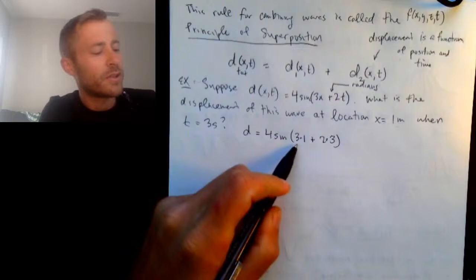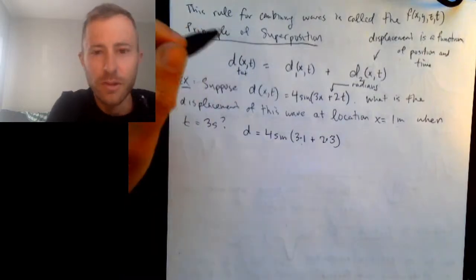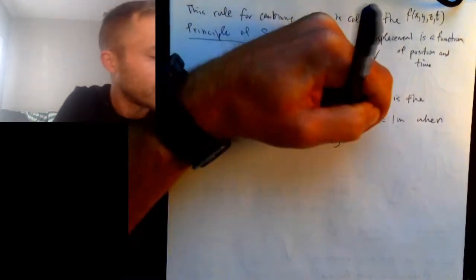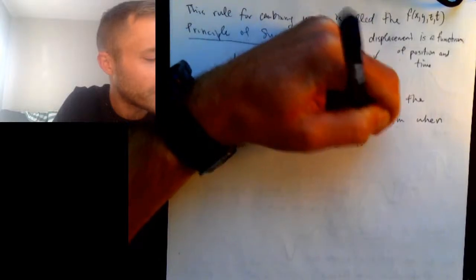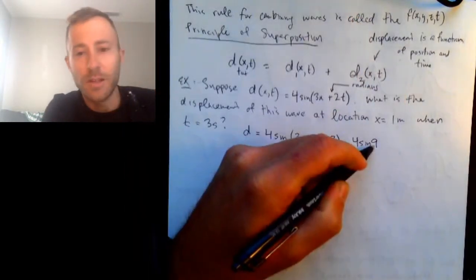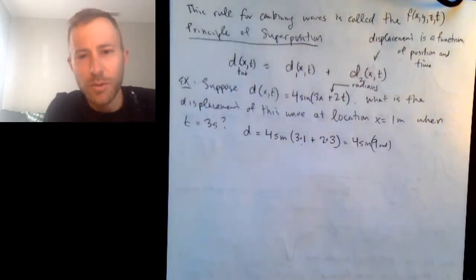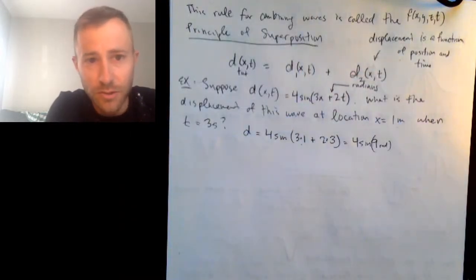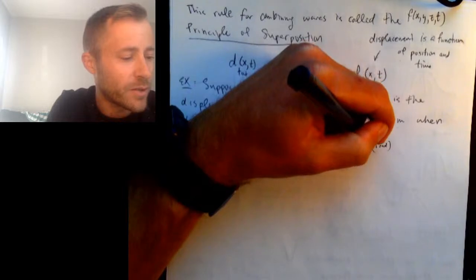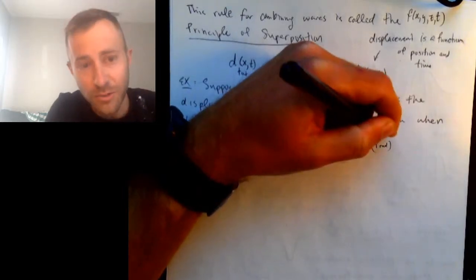That's 3 plus 6, so that's 9. So the displacement is going to be 4 sine of 9. Remember, that's 9 radians. I always like to put my units in my trig functions just so that it's really obvious. If we're calculating the sine of a degree, I will put 9 degrees.